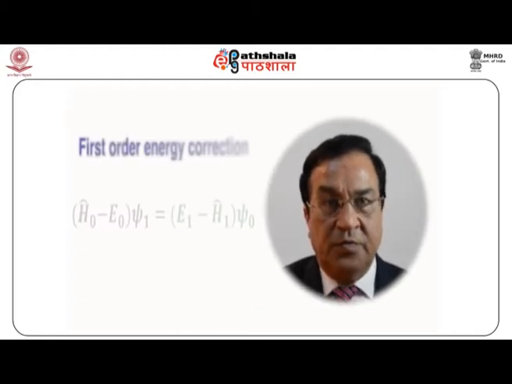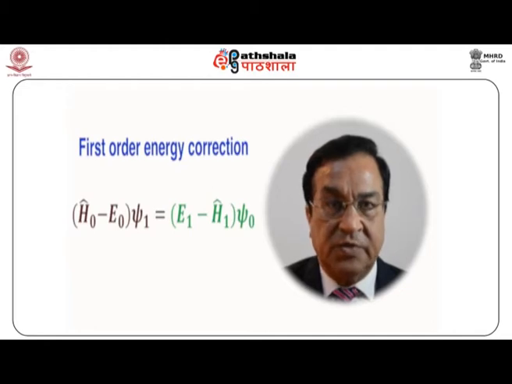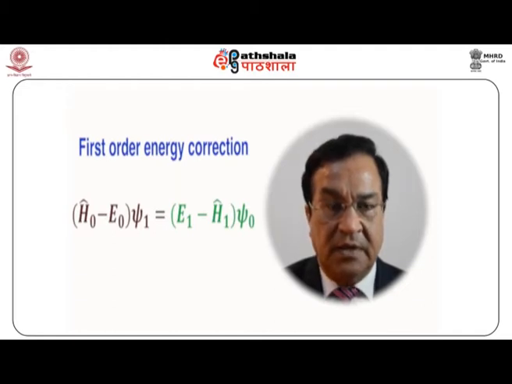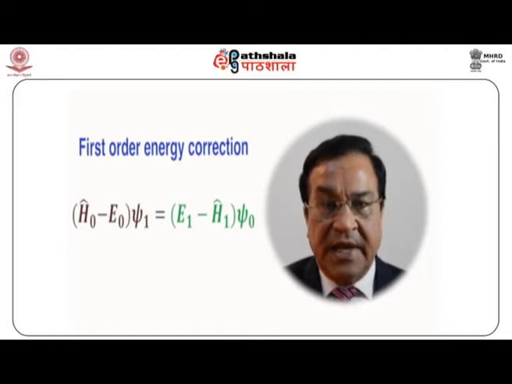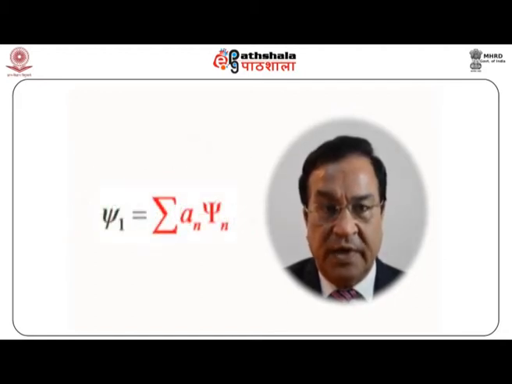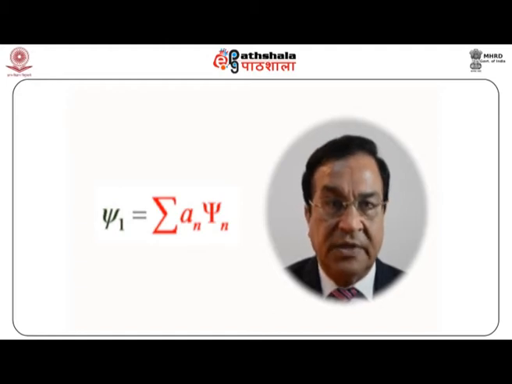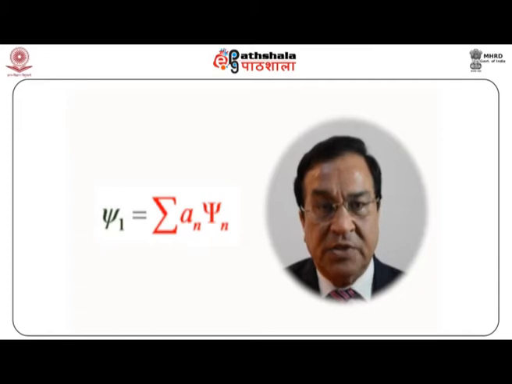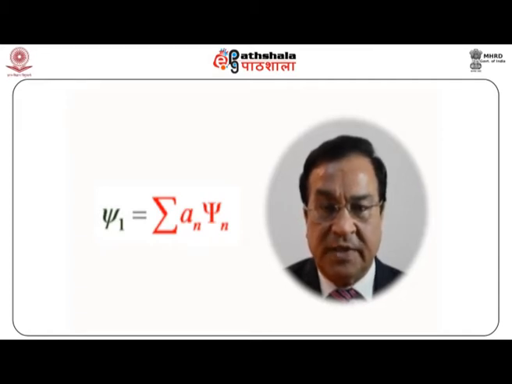Now, first of all, we will discuss how the first order correction to the energy can be calculated using equation 13. As we have already studied earlier, the first order correction to the wave function, that is psi 1, can be considered to be a linear combination of the orthonormal set of functions psi n.